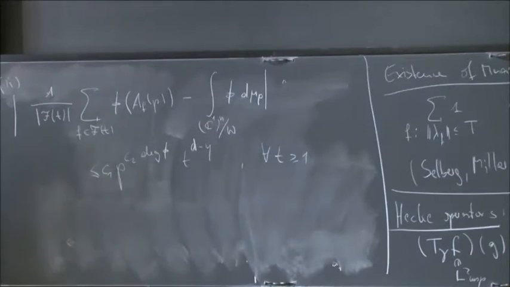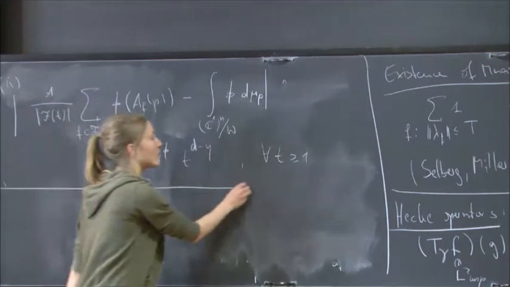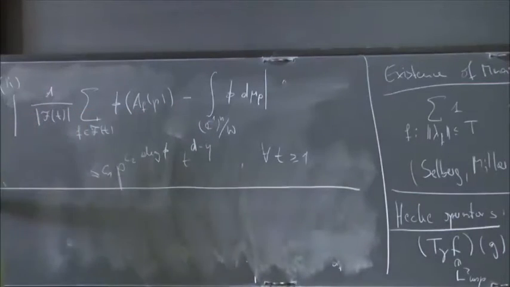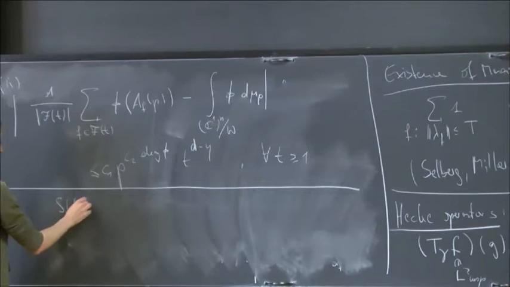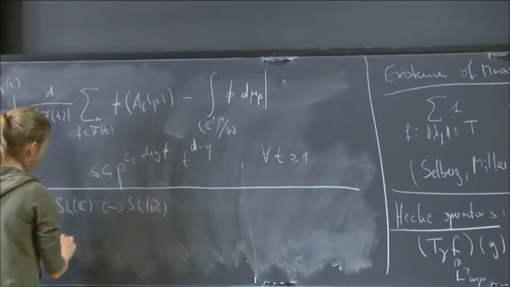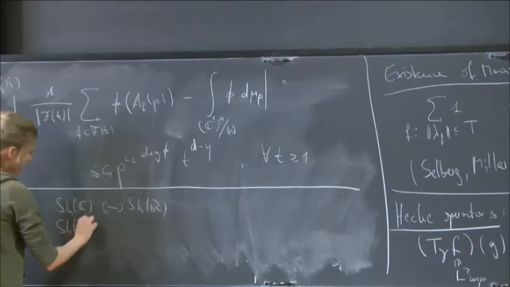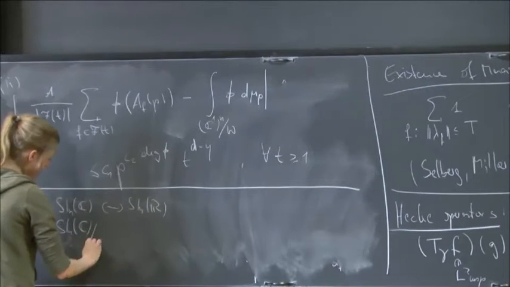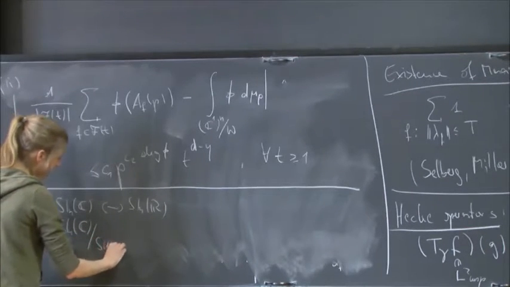Okay, let me say a few remarks about this. So similar results can be proved if you replace gamma, so if you replace SL_n(Z) by some congruence subgroup. And also if you replace SL_n(R) by SL_n(C), and the hyperbolic n-space by SU(n).